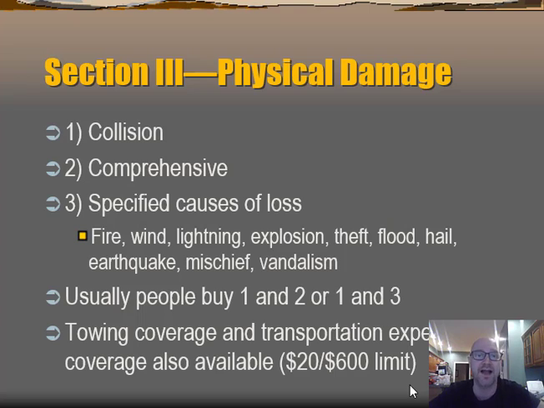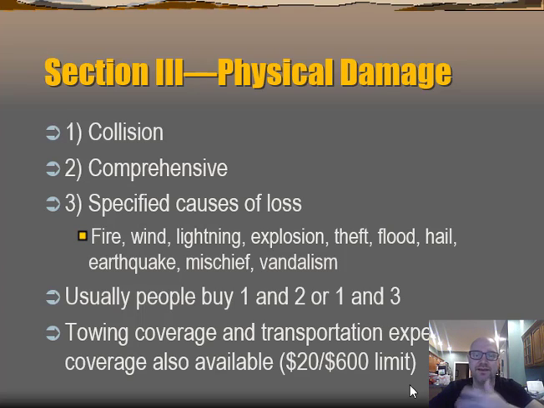If the vehicles were more valuable, it'd be a totally different calculation. There you'd probably buy collision and comprehensive. And again, you're usually buying both or neither. It'd be really unusual to buy one but not the other. Then we have a third one that kind of dials back the comprehensive a little bit. You can save some money if you choose a specified causes of loss form. And now we're going to named perils, right?